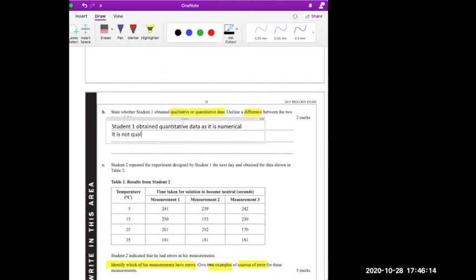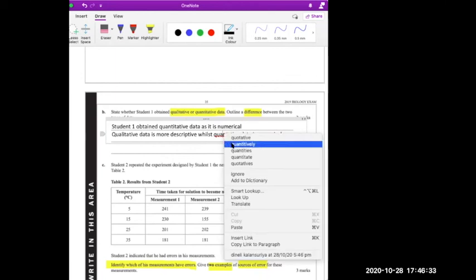Qualitative data is more descriptive, whilst quantitative, my spelling, is numerical. Okay.